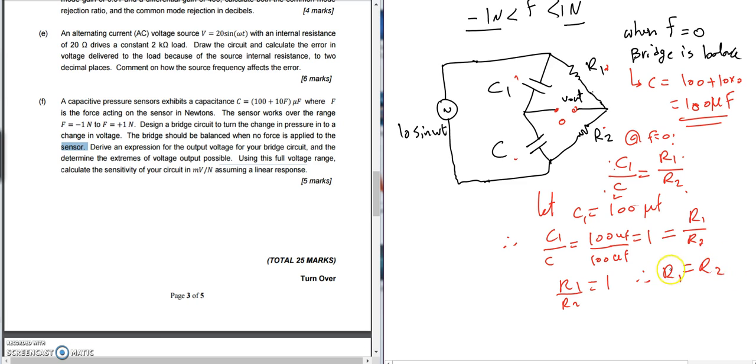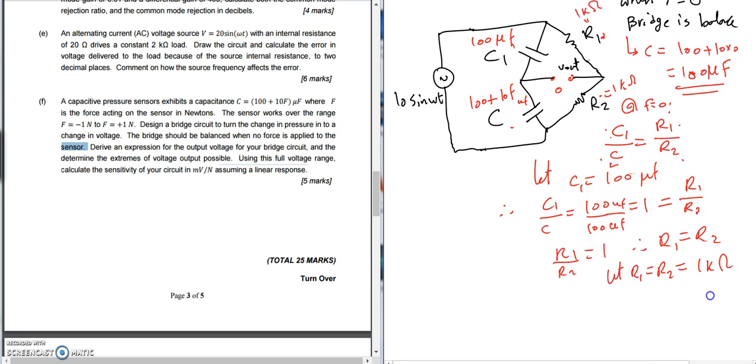So for easiness, let's set R1 and R2 equal to 1 kilo ohm. Here 1 kilo ohm, here 1 kilo ohm, here 100 microfarad, and here 100 plus 10F microfarad.